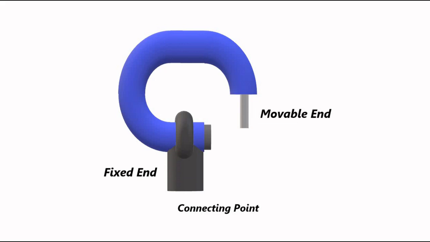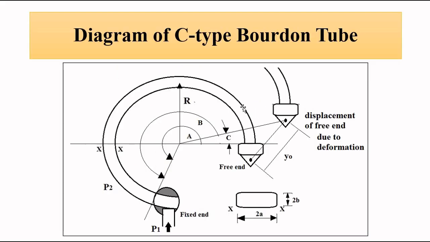So let us say this is the Bourdon tube. First, this is the free end, this is the normal position, when it is not subjected to any pressure. So here the angle A which this free end makes with the fixed end is important.